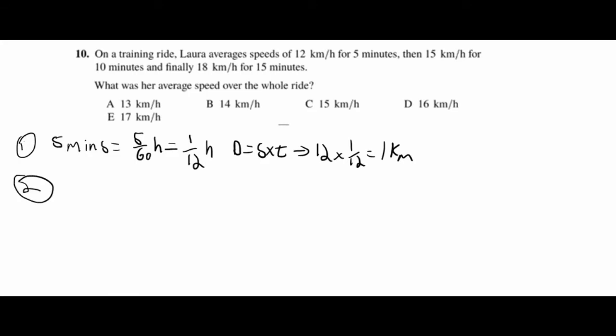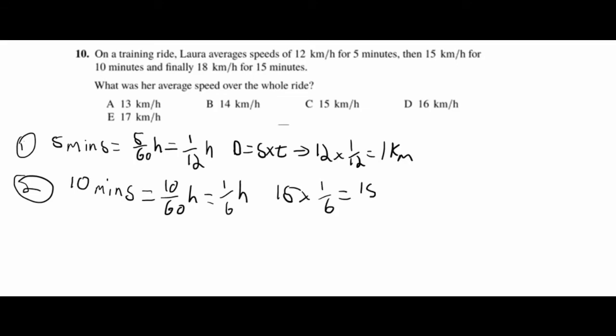In the second part, 10 minutes will be equal to 10 over 60 hours, which is 1/6 of an hour. And so in the second part, she traveled 15 times 1 over 6, which is equal to 15 over 6, which can be simplified to 5 over 2 kilometers.